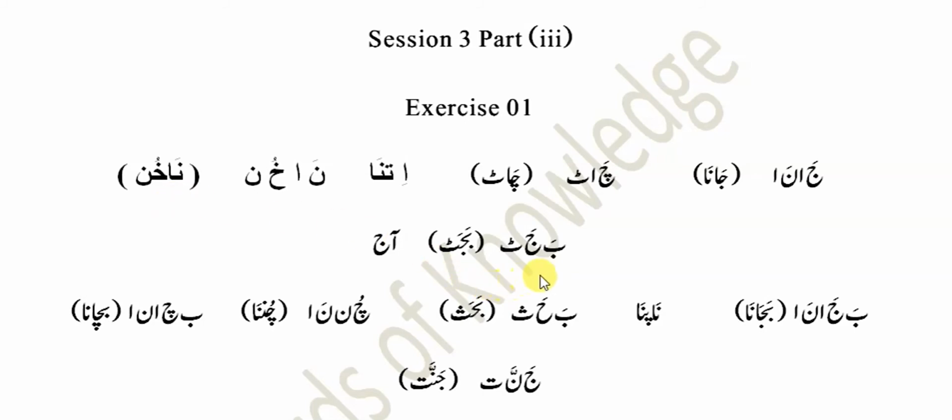Okay, next word has 3 alphabets in it. Be, Be Zabar Ba, Jim, Jim Zabar Ja, and Te. So this in the parentheses, the whole word, I'm going to read it.